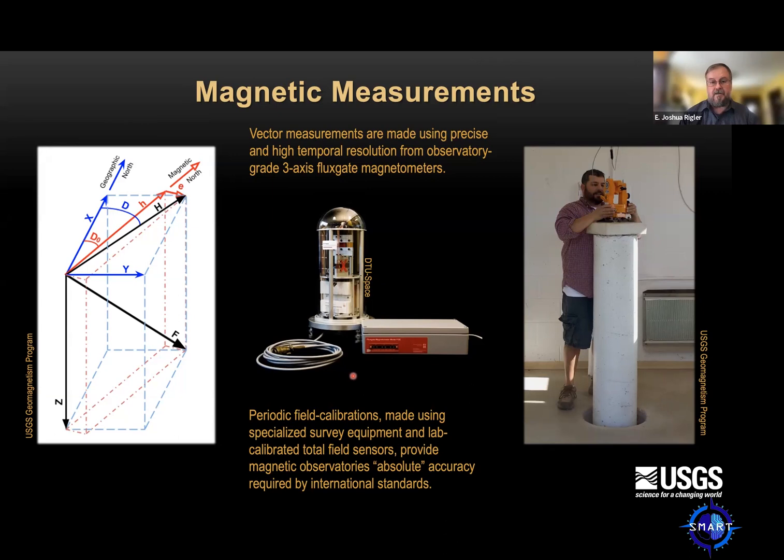A flux gate magnetometer does a really good job of getting high time resolution, fairly precise, or sometimes very precise depending on the frequencies you're interested in, measurements of the magnetic field. And then what we do with a geomagnetic observatory is periodically recalibrate this sensor by taking field measurements using very specialized surveying equipment where everything has been demagnetized.